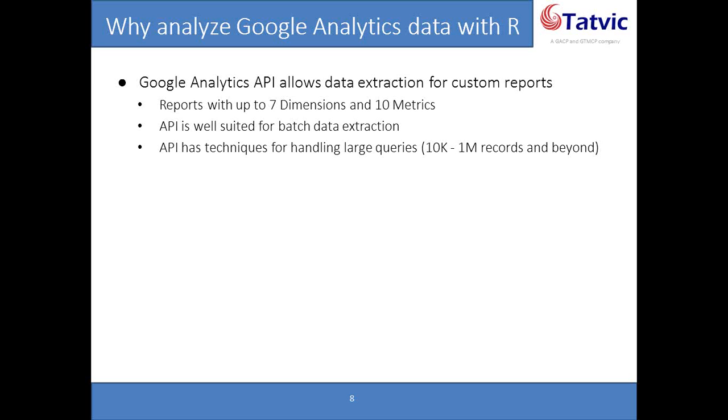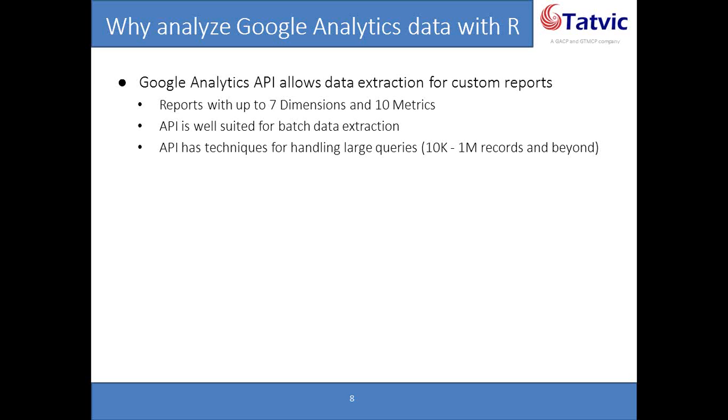The API is also very well suited for data extraction that happens in batch mode. So if you have a large data set and you want to use pagination, the library that I'm going to talk about has the facility to do pagination in your data and allow the extraction of data with the minimal sampling effect that is possible.